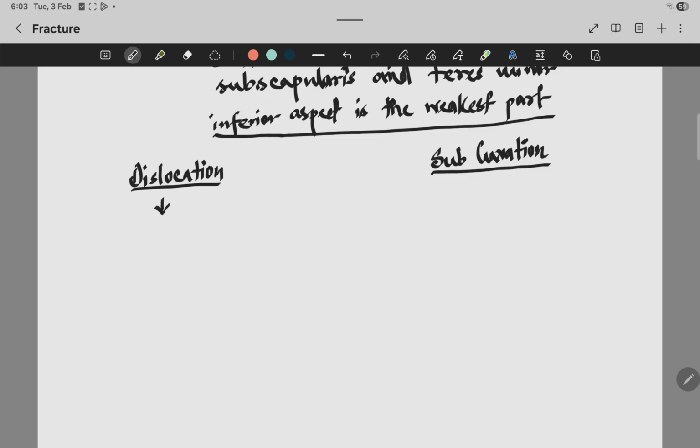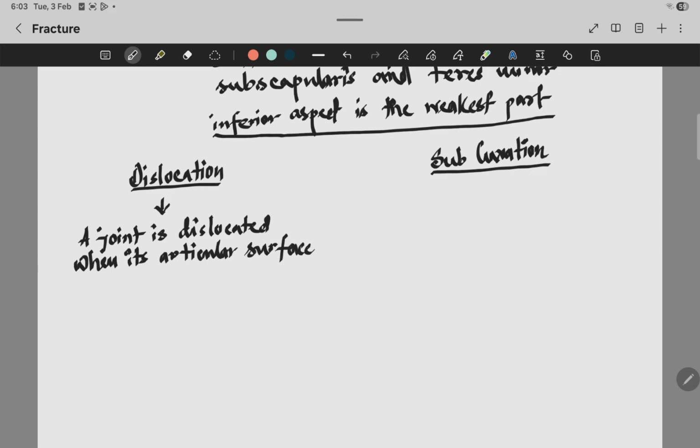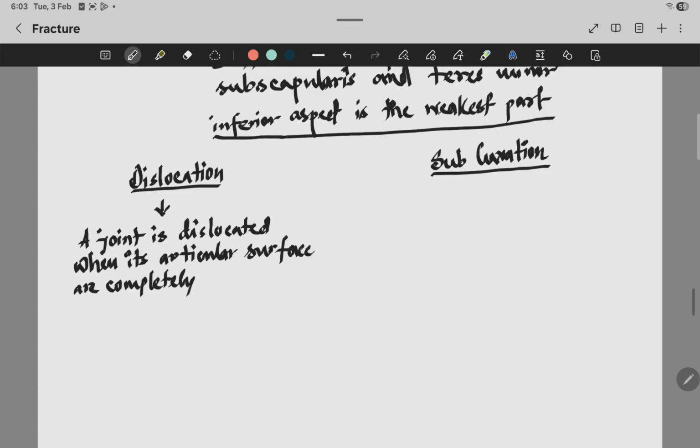A joint is dislocated when its articular surfaces are completely displaced.